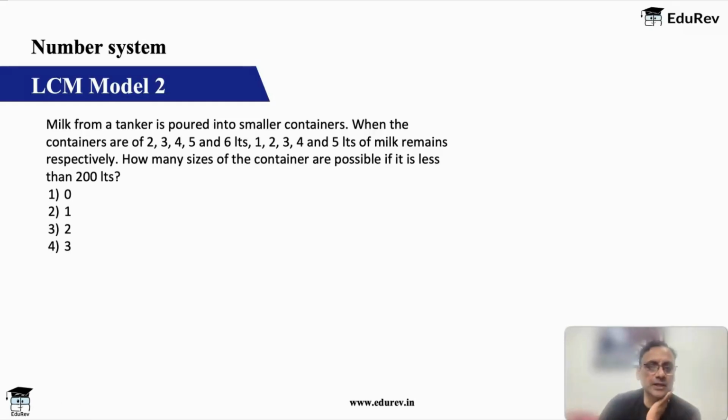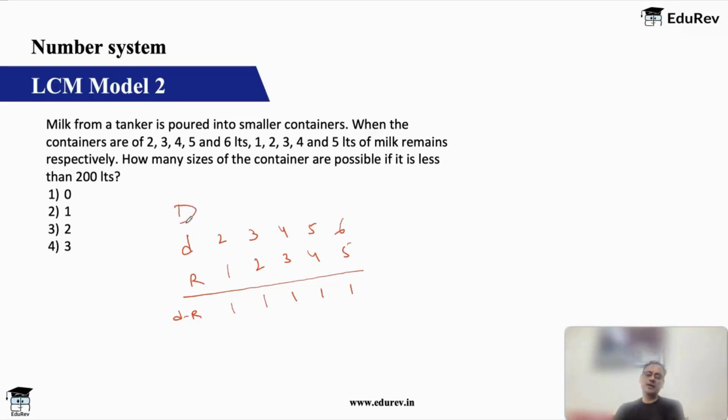Clearly my divisors are 2, 3, 4, 5, 6, and my remainders are 1, 2, 3, 4, 5. Divisor minus remainder is 1, 1, 1, 1, 1. This is common, so I should be able to get my dividend.